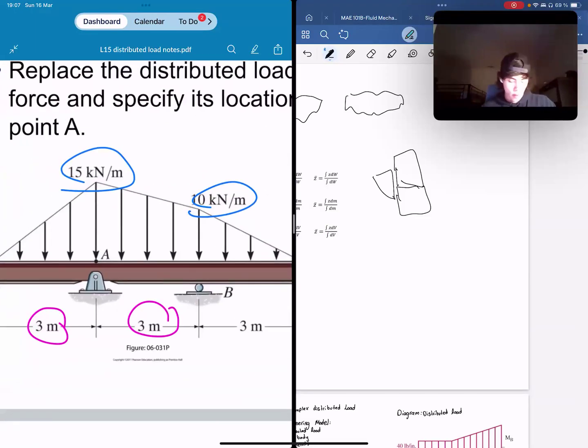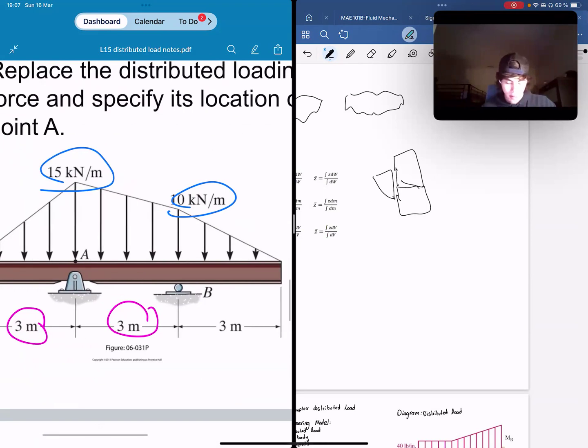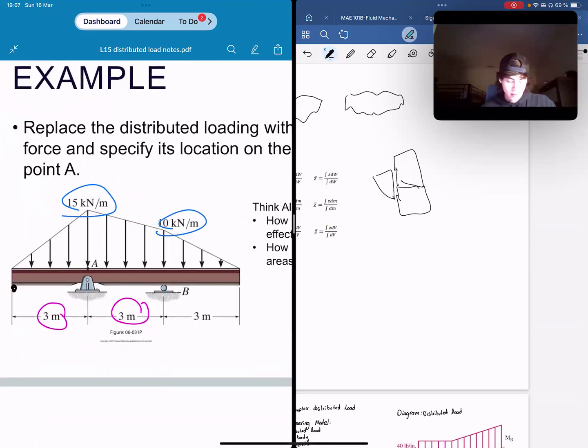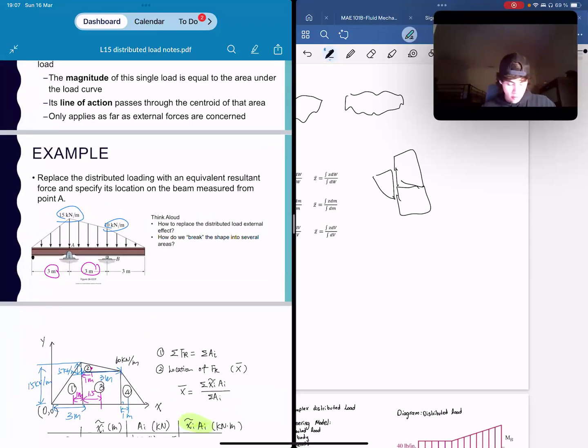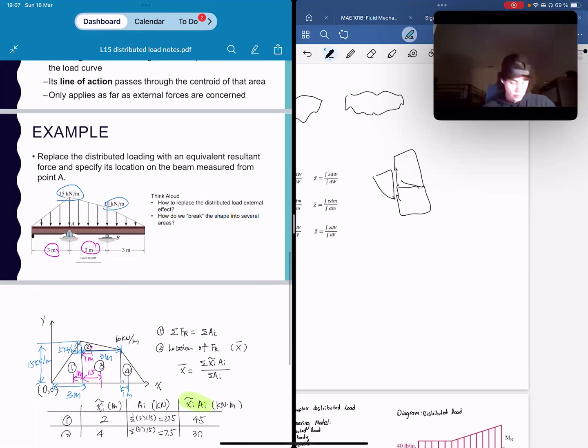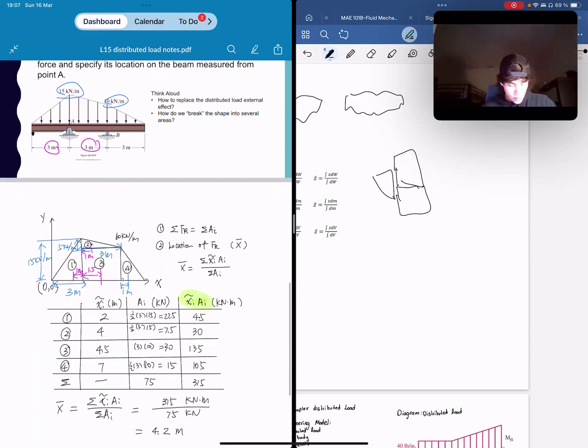Luckily, we have point A and point B. They gave us 15 kilonewtons and 10 kilonewtons. Then I can use the geometry of that information to get the centroid.